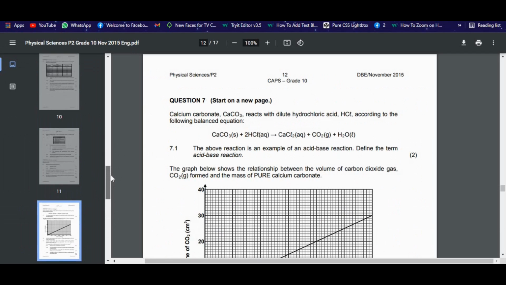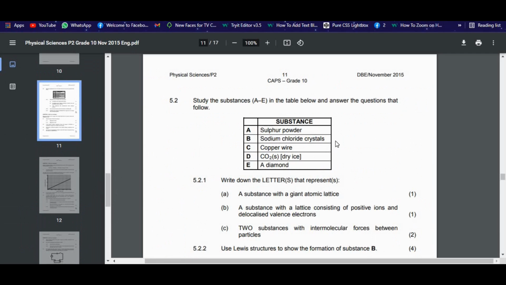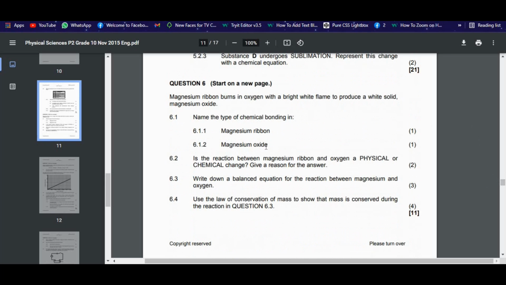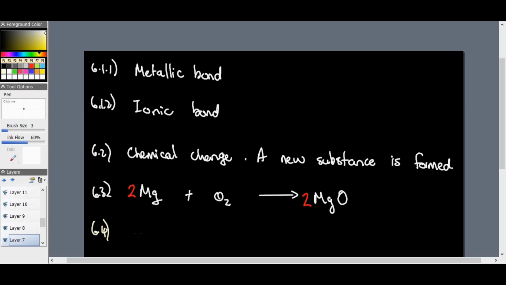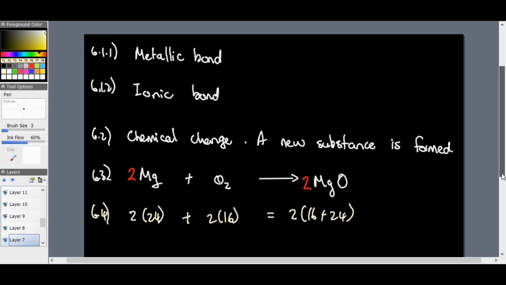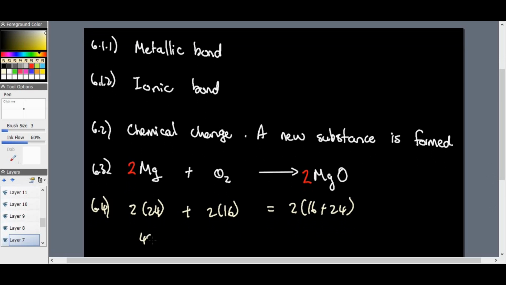Okay, cool. So let's go back here. That's question 7. No, we're on question 6. So let's scroll down. For question 6.4, we use the equation 2 times 24 plus 2 times 16, which should equal 2 times 16 plus 24, or 2 times 40. 2 times 24 is 48, so that's 48 plus 32.